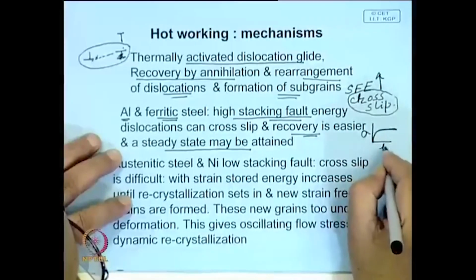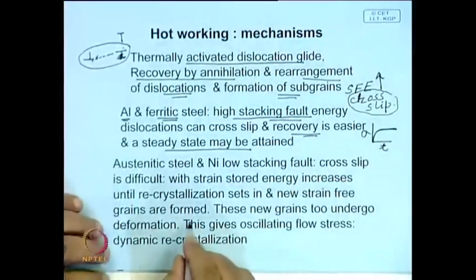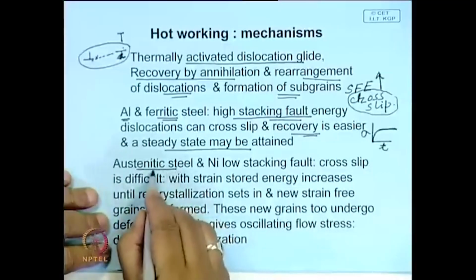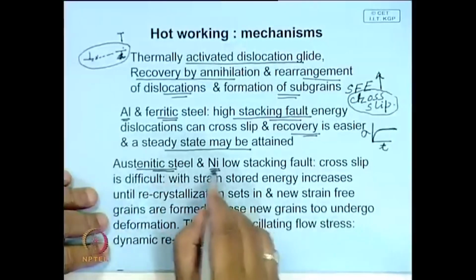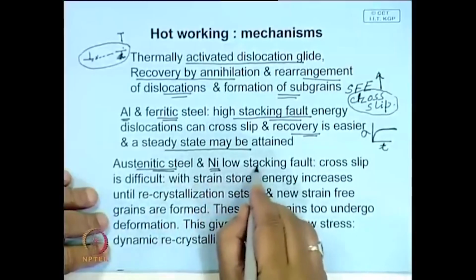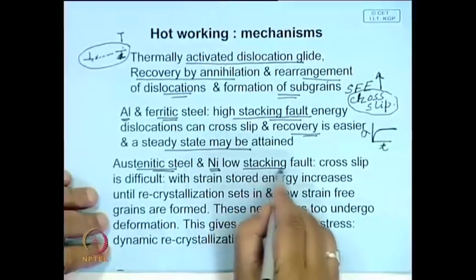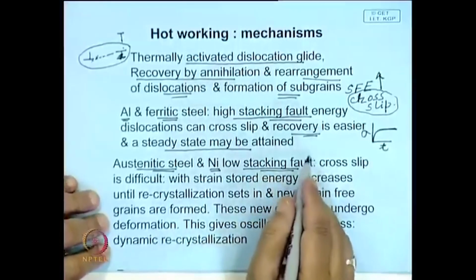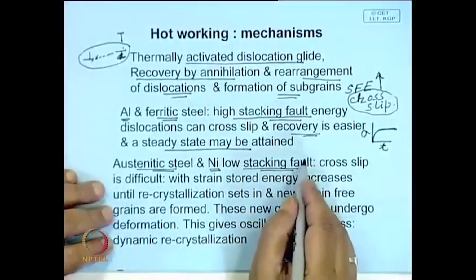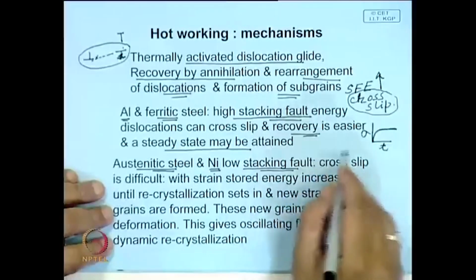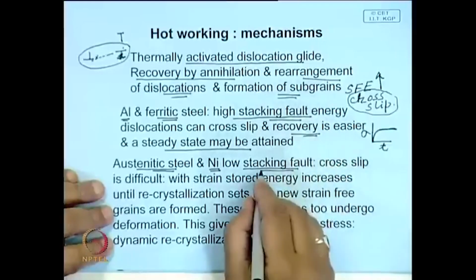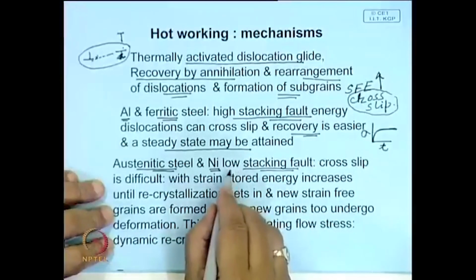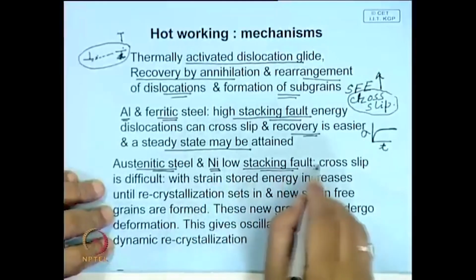Flow stress behavior will be something like this, whereas as against this, austenitic steel and nickel are examples of materials of low stacking fault energy, and in materials of low stacking fault energy you will often find twins in the structure. So, in cold worked and annealed structure you get twins. They are also signs of low stacking fault energy.